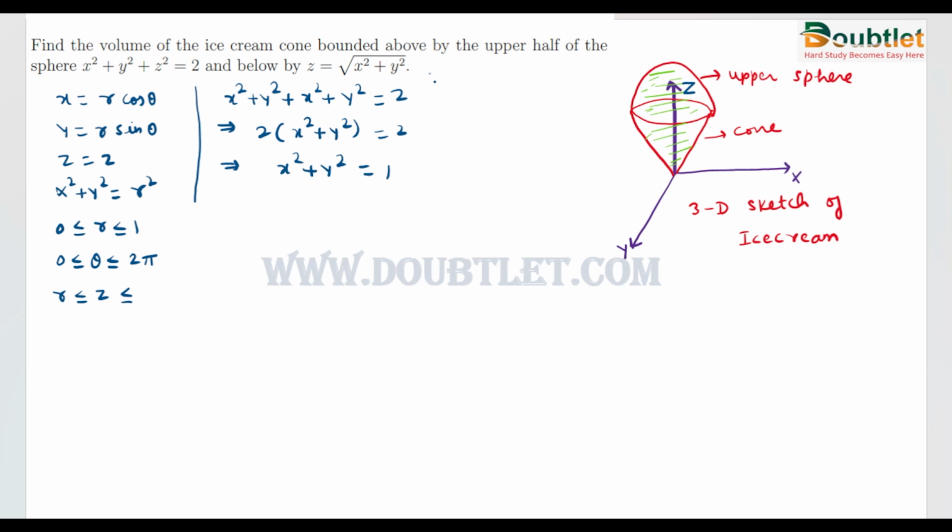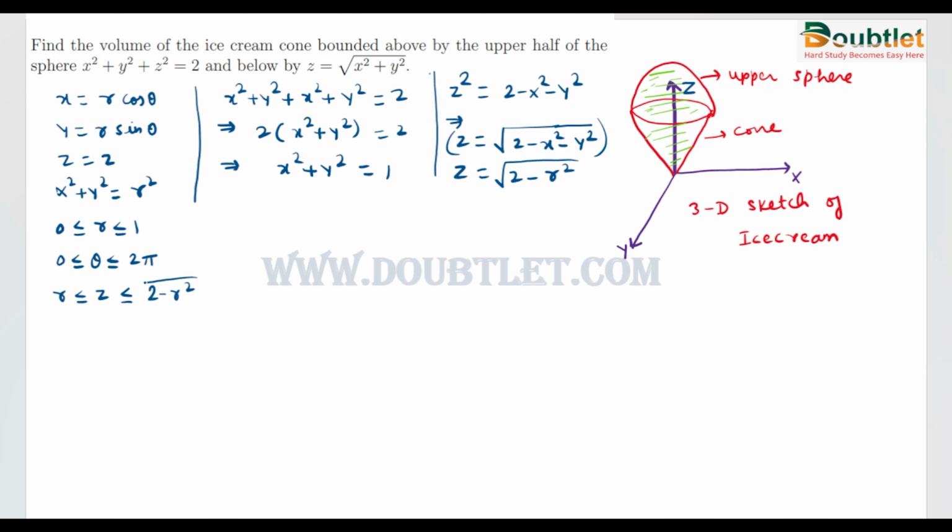The upper sphere equation is z is equal to plus or minus the square root of 2 minus x square minus y square, and we take plus because it is the upper sphere. In polar coordinates this is the square root of 2 minus r square. So z varies from r to the square root of 2 minus r square.